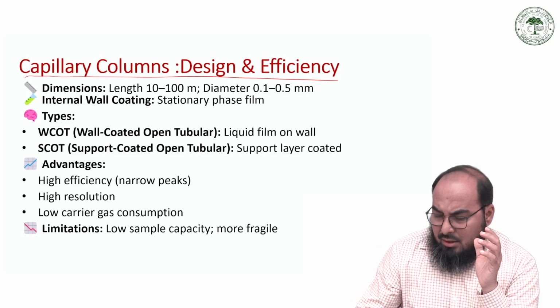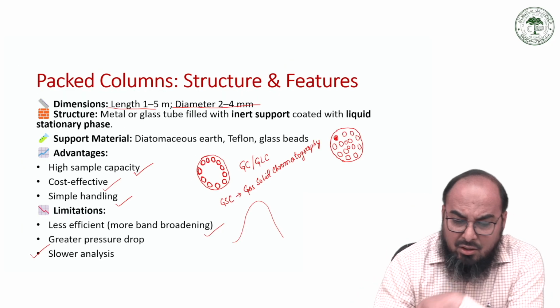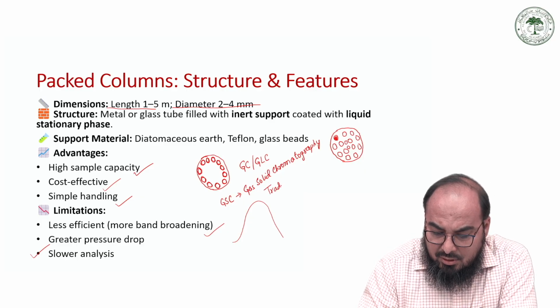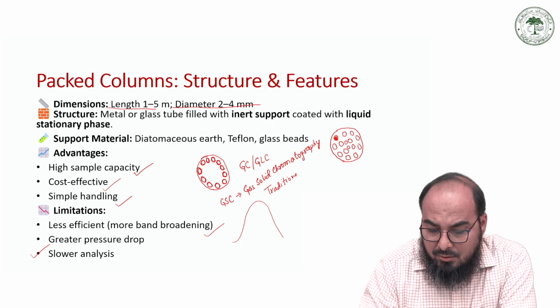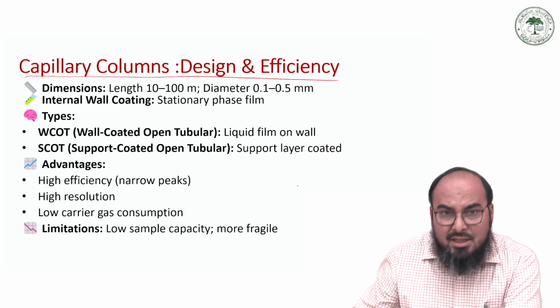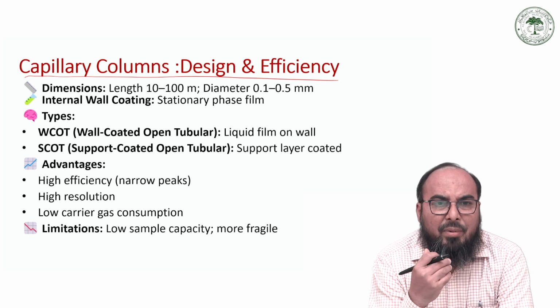Initially, with the advent of the gas chromatograph, packed columns are the oldest columns. These are the traditional columns. And these are the modern columns, that is the capillary columns, or simply you can say open tubular columns.